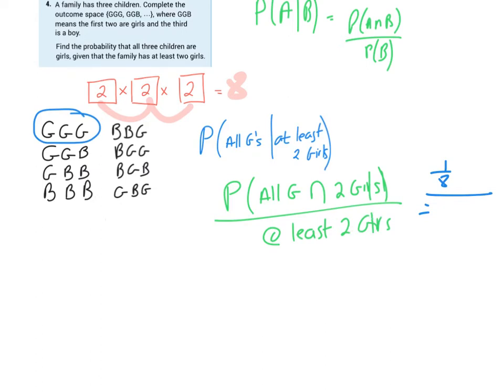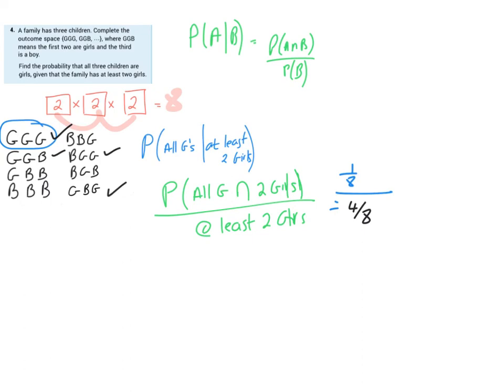Well, how much is that? At least 2 girls. Well, that one's fine. That one's fine. That one's fine. And then obviously this one is fine as well, isn't it? So that's actually 4 out of 8. Okay, and you just type that into your calculator. Some people will write it as decimals, so 0.125 all over 0.5. And you type that into your calculator and you get 0.25.